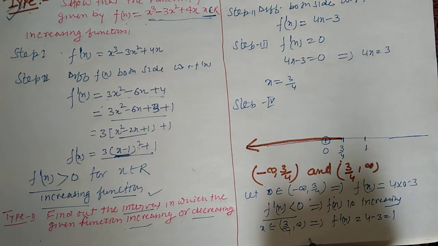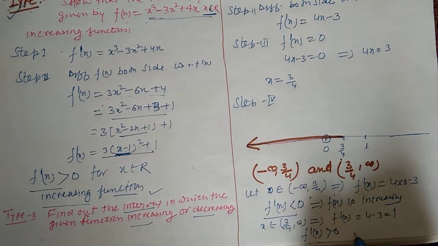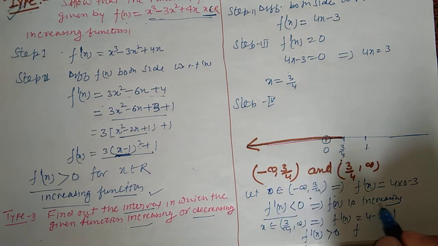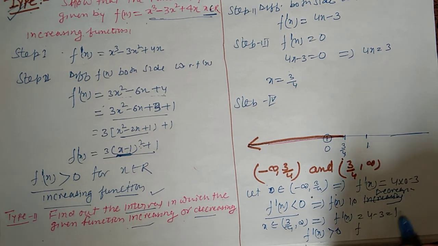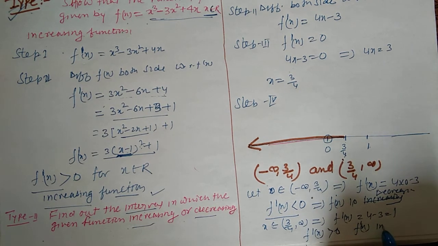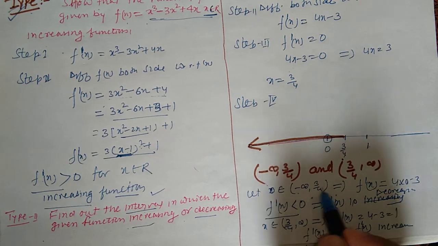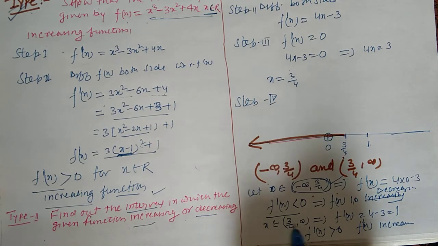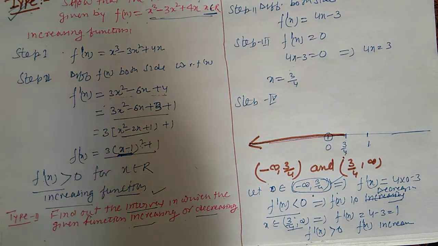So f dash x is greater than 0, and the function is increasing. So from minus infinity to 3 upon 4 the function is decreasing, and from 3 upon 4 to plus infinity it is increasing.